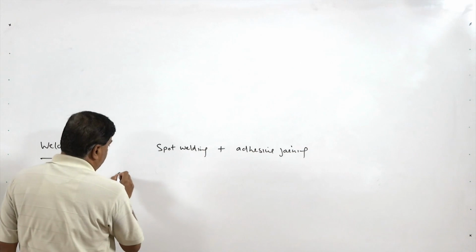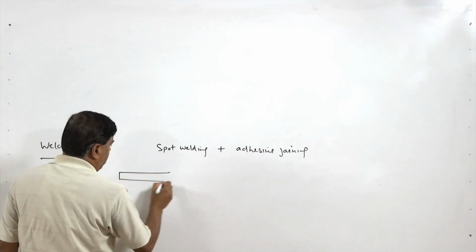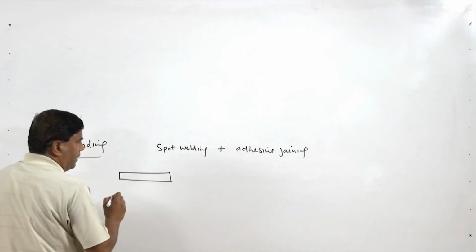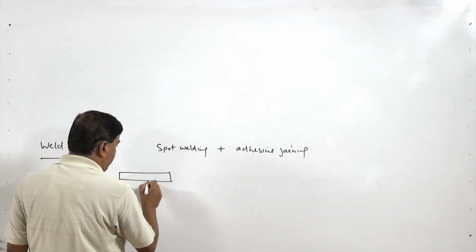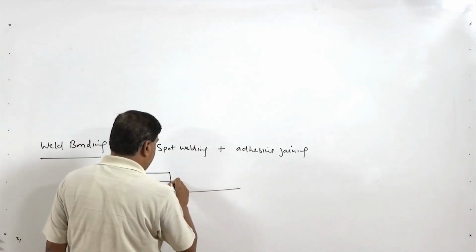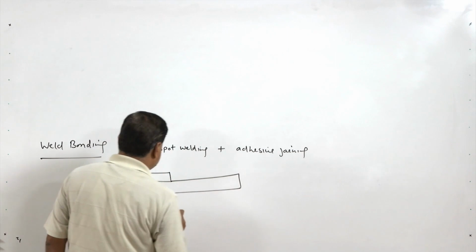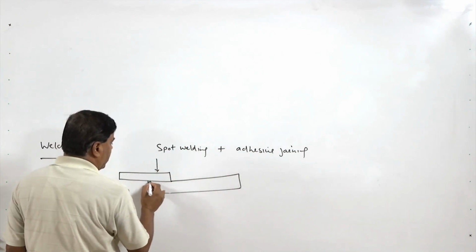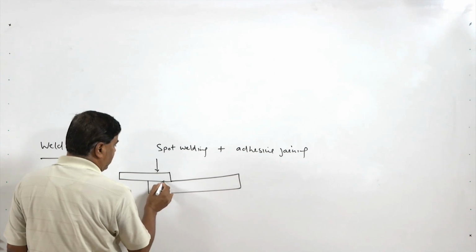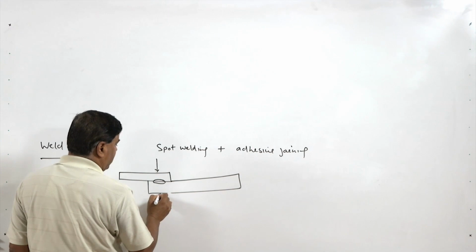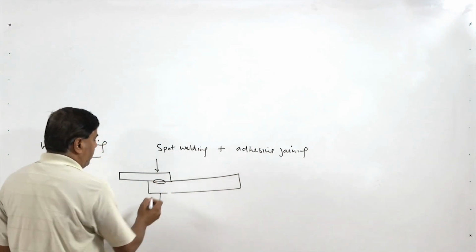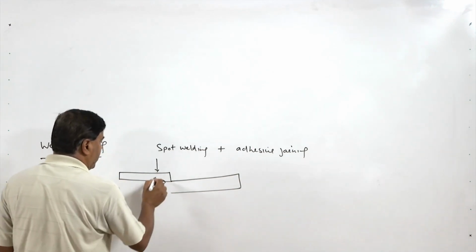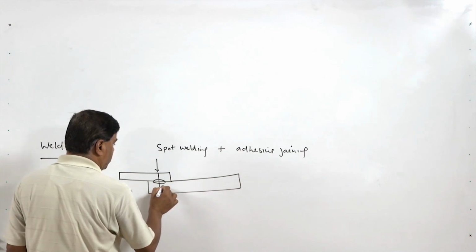We know that typically spot welding is used for producing lap joints like this by supplying a high current through the contact interfaces. High contact resistance at the interface develops heat. Pressure is applied and current flows through the interface.